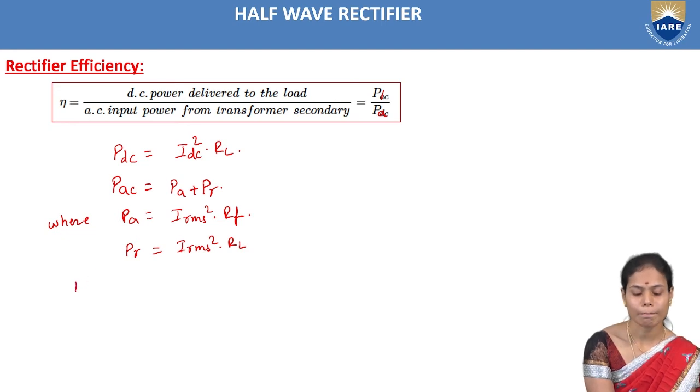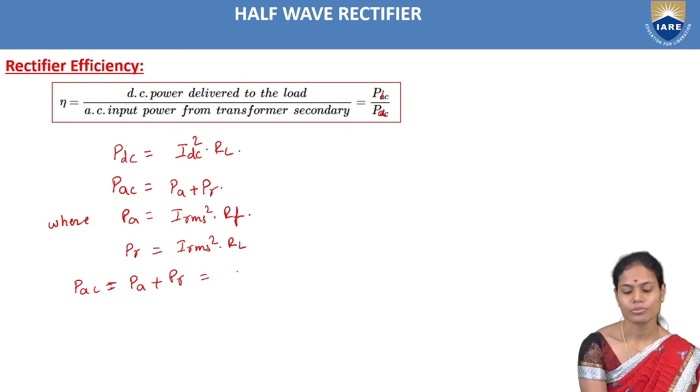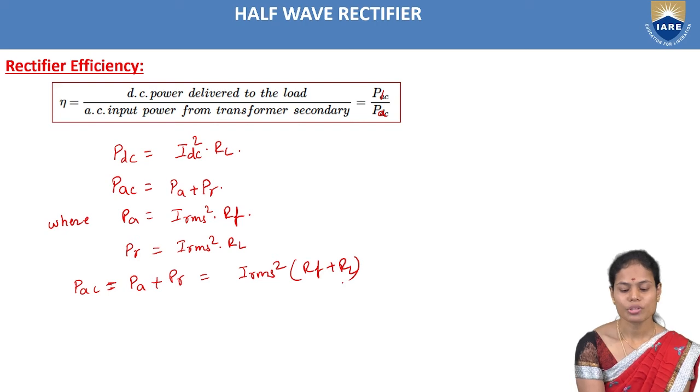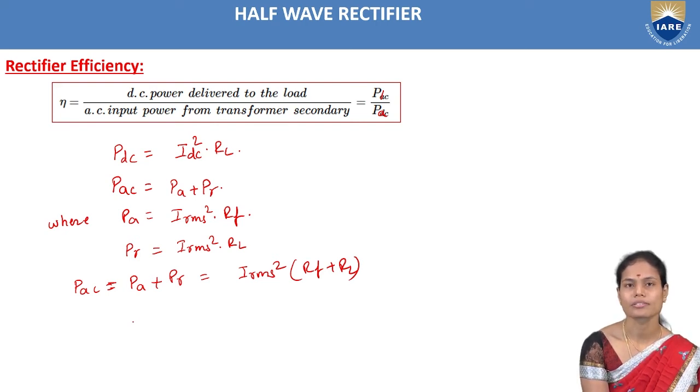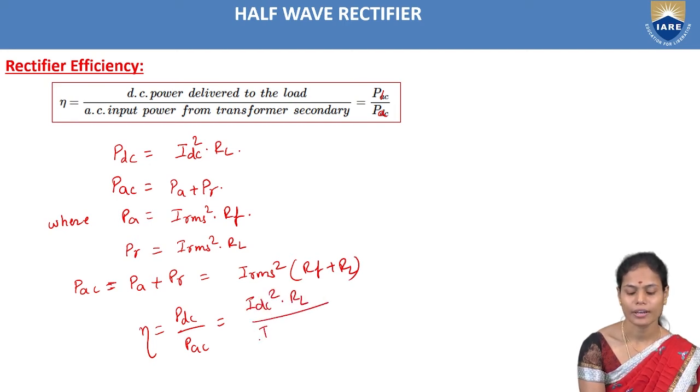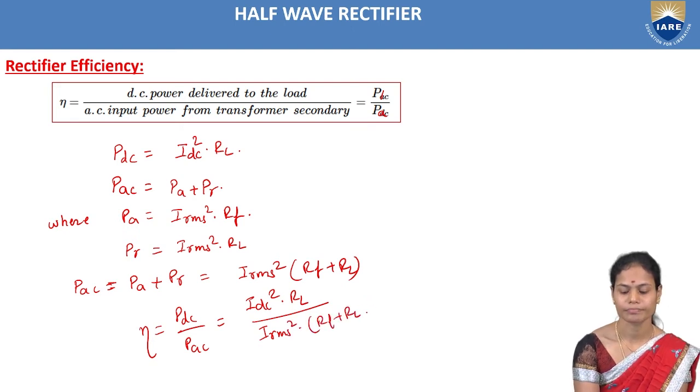So the total AC power is equal to the sum of the power dissipation across the diode plus the power dissipation across the load resistance RL. That is equal to IRMS square into RF plus RL. Now substitute this DC power as well as AC power in the case of efficiency. That is PDC by PAC is equal to IDC square into RL divided by IRMS square into RF plus RL.